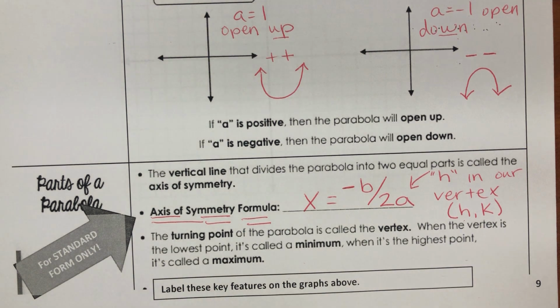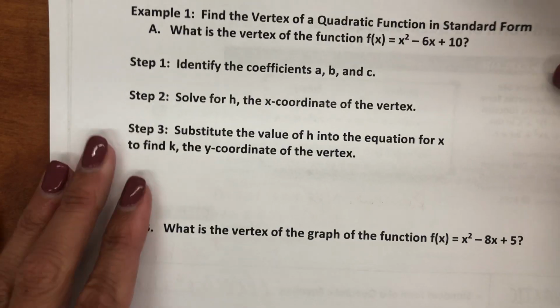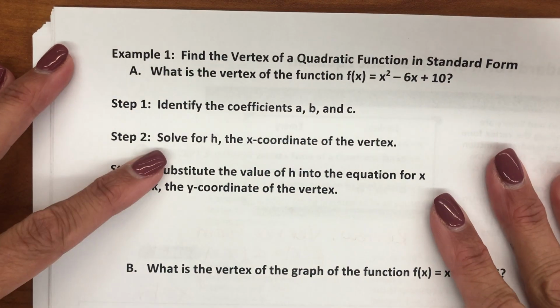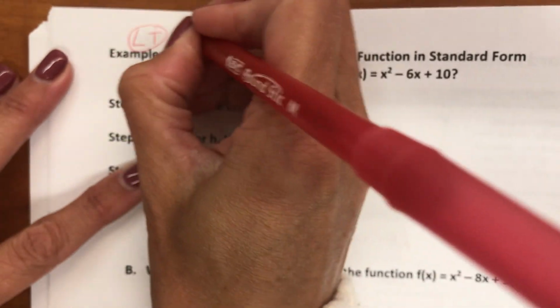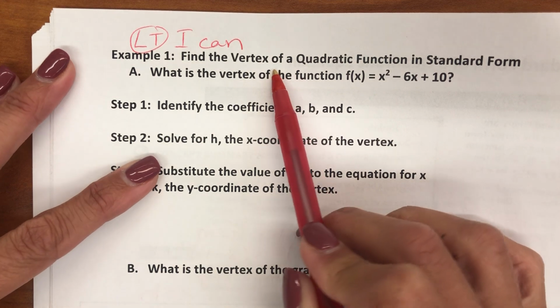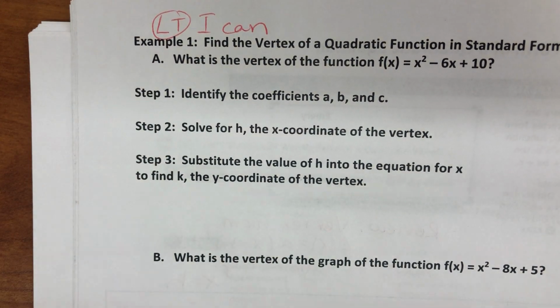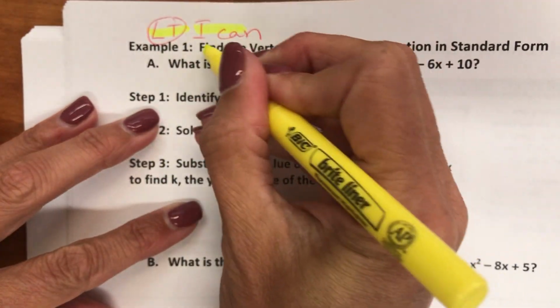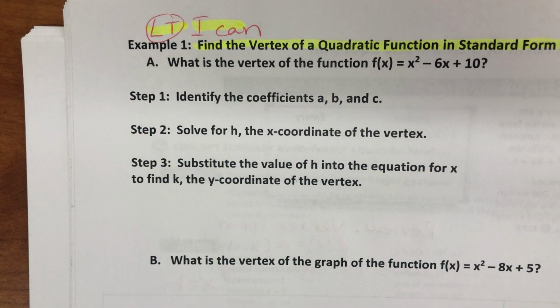All right, let's go ahead and turn the page here. We're going to get into our first learning target: I can find the vertex of a quadratic function in standard form.